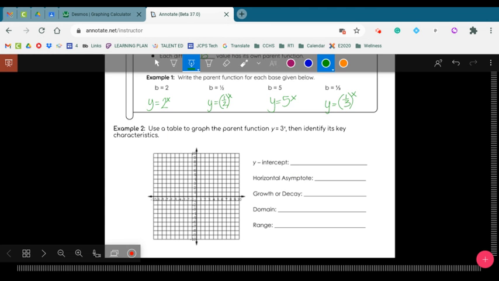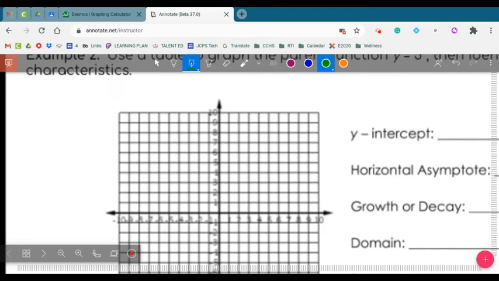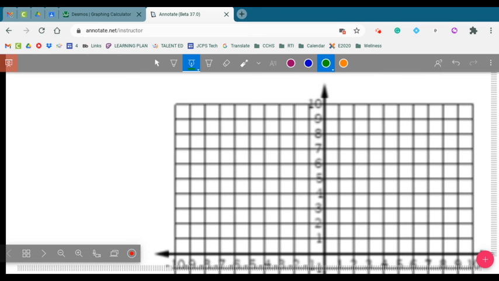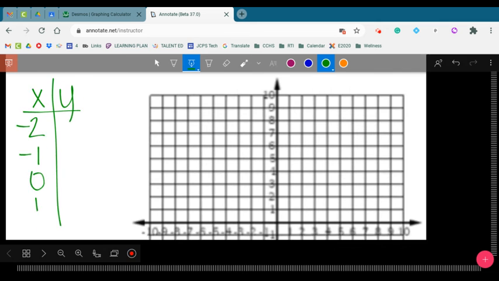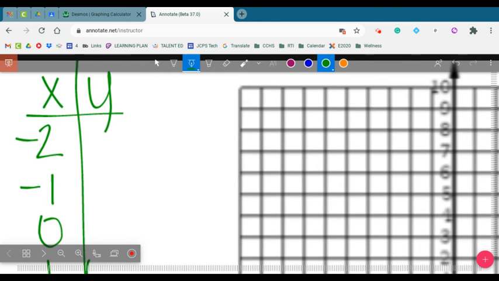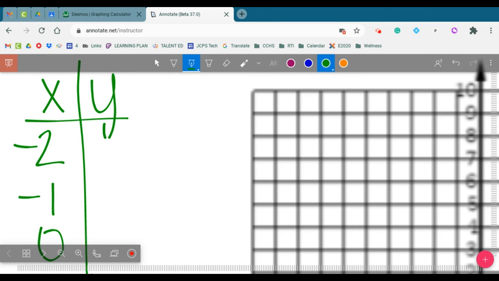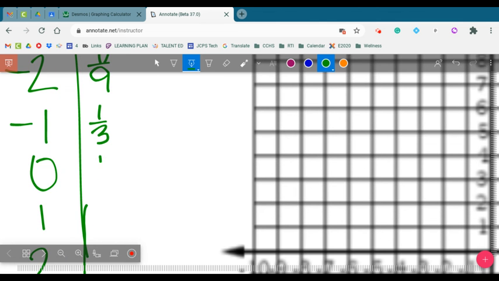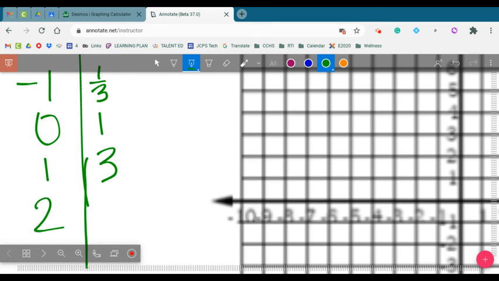I'm going to write this off to the side so I kind of have a view. So x, y, again, we're going to use -2, -1, 0, 1, 2. So -2, it had 0.11. That's actually 1/9. If you put a decimal, that's fine. 1/3, 1, 3, and 9.